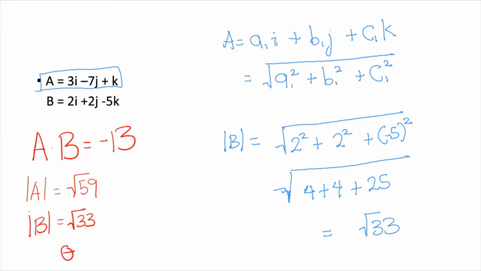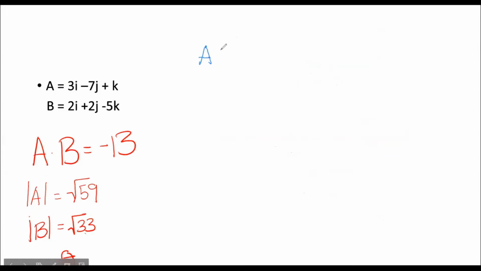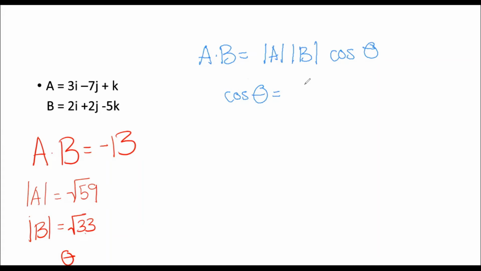Let me clear the drawings again. Okay, so we know that a dot b equals the magnitude of a times the magnitude of b cos theta. And if we make cos theta the subject of the formula, we have cos theta equal to a dot b over the magnitude of a times the magnitude of b.